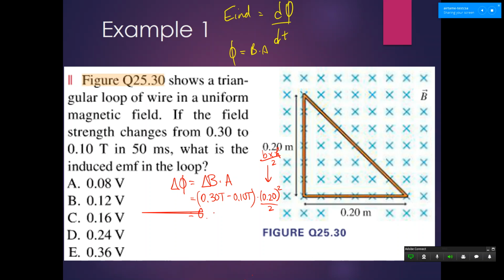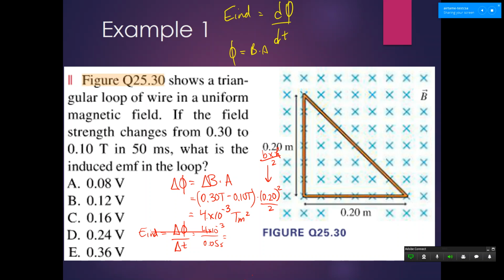Did you guys get 0 or 4.0 times 10 to the negative 3? And it's asking you about the EMF produced, so I need to divide that by time. What did you guys get?